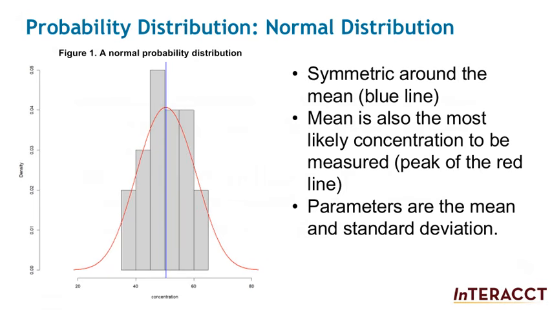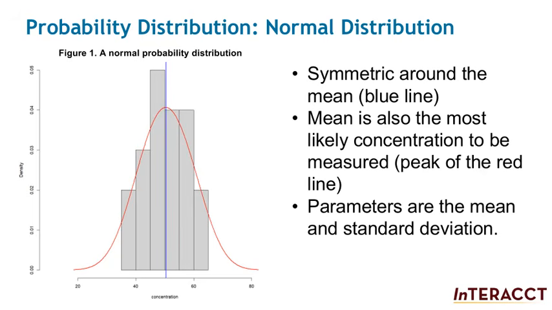Two common types of probability distributions are the normal distribution and the log normal distribution. The normal distribution is characterized as bell-shaped. Figure 1 shows a histogram of exposure data that are normally distributed in the gray bars, where the red line shows the idealized normal distribution for these data. The vertical blue line denotes the mean.